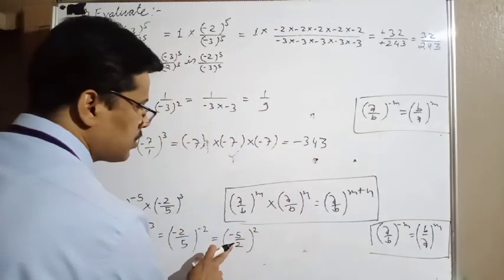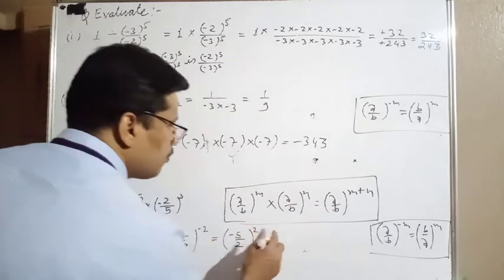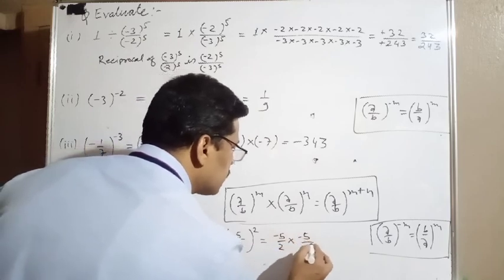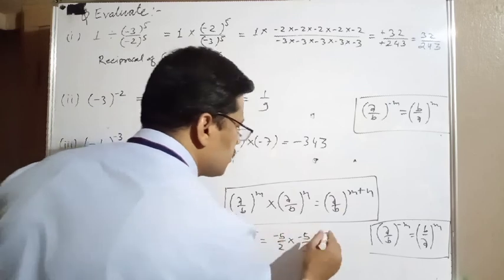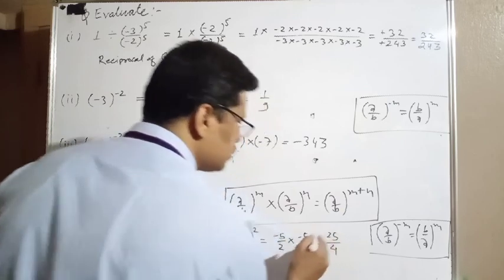Now how many times should we write this? 2 times. So we can write minus 5 upon 2 multiply minus 5 upon 2. Now you multiply: 5 fives are 25, 2 twos are 4. This is your answer.